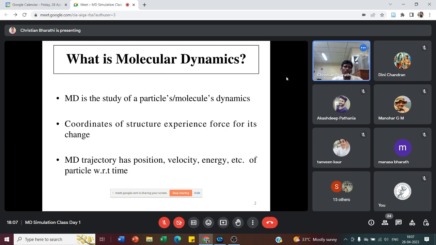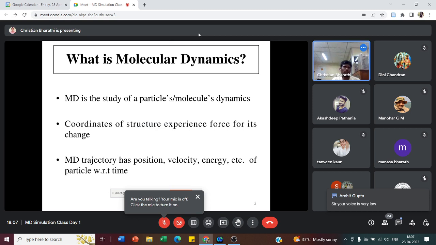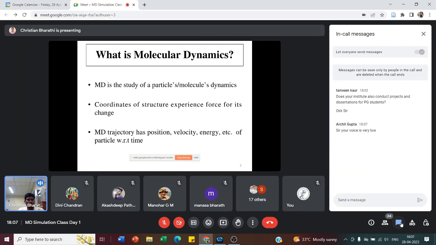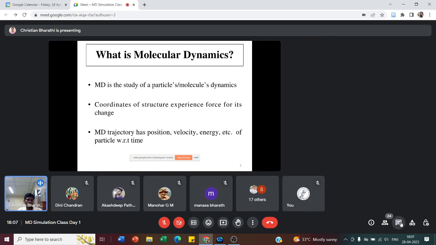We need an initial structure for molecular dynamics. So coordinates are very important. If you have the coordinates of any molecule, it is subjected to molecular dynamics.